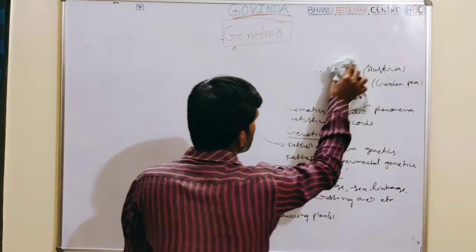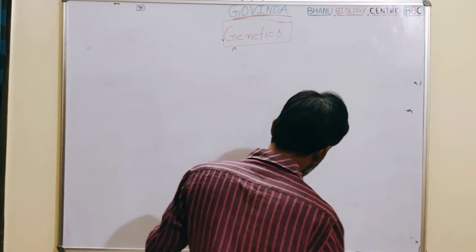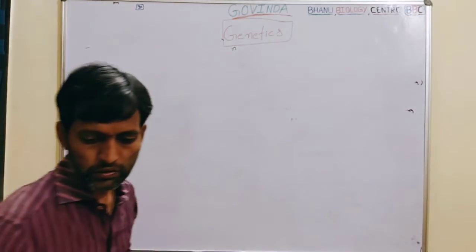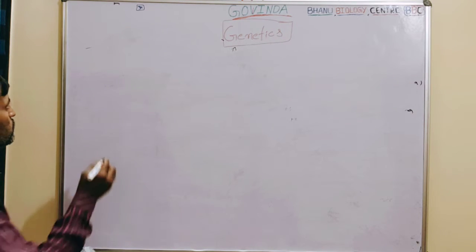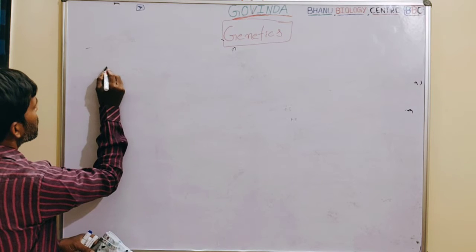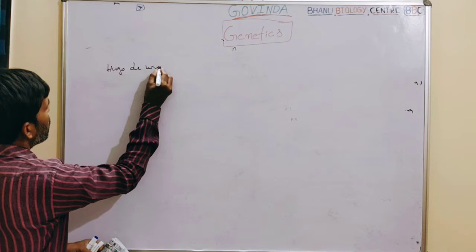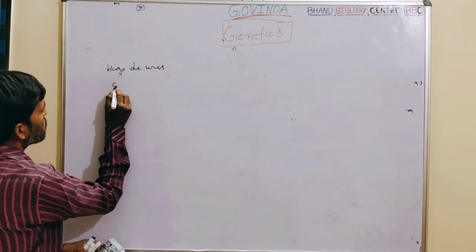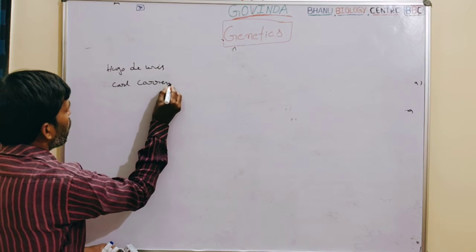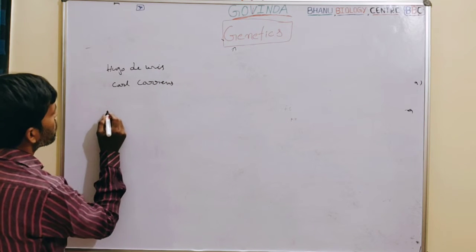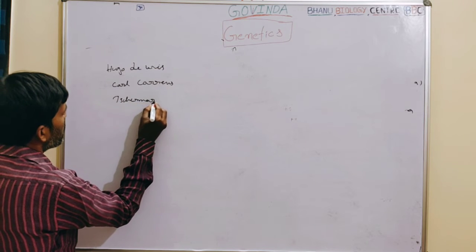After 16 years of Mendel's death, three scientists, as I mentioned now: one person is Hugo de Vries, another person is Karl Correns, and the other person is Tschermak.